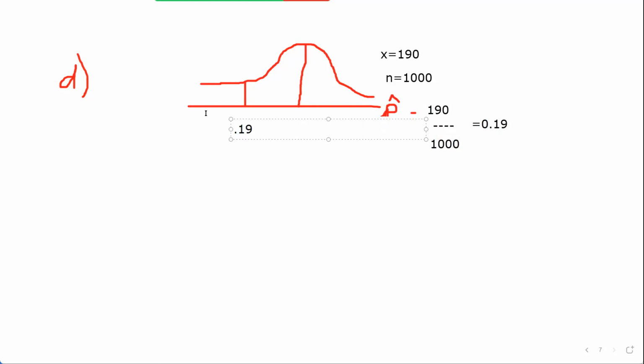When you do it, you're going to write this more properly this time: the probability of p hat less than 0.19.